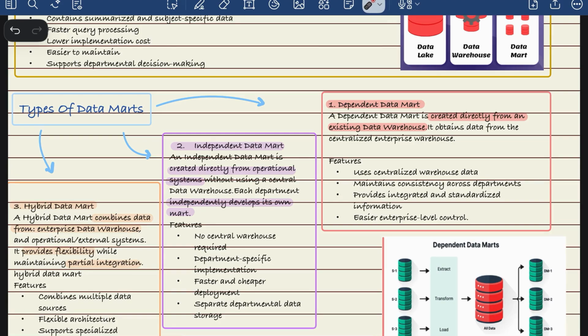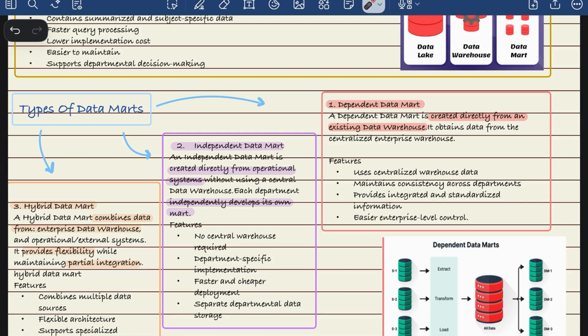First comes the dependent data mart. In this setup, you see the data warehouse is built first, right? And later on the data marts are built on that data warehouse. For example, there's a company that already has a massive centralized data warehouse, and the sales department simply plugs into that central vault and copies all the sales rows into their own mini mart.